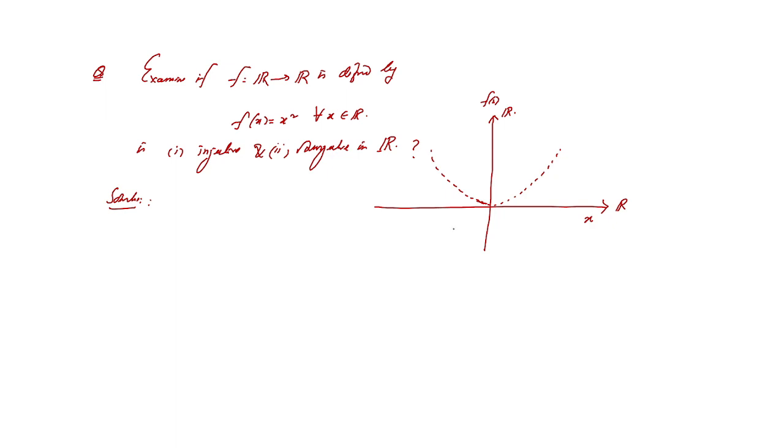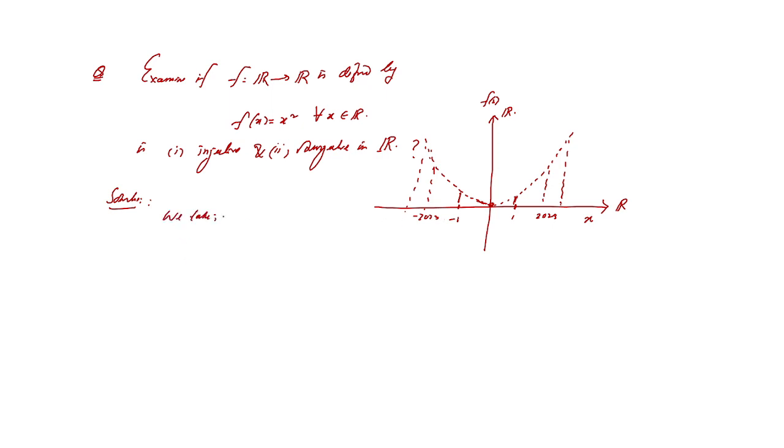Now if we take the point 1 here and minus 1 here, you will see the same height. Or if you take 2023 here and minus 2023, or 2024 and minus 2024, they give the same value.